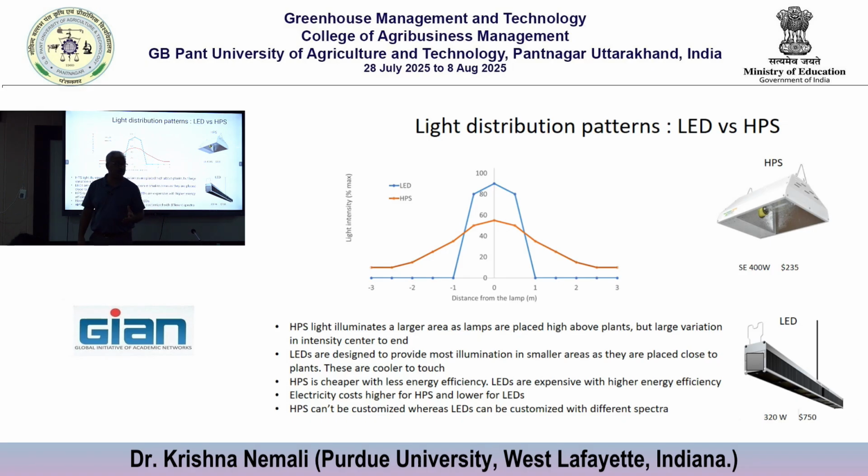With 100 watts, they generate 250 to 300 micromoles, whereas HPS lamps require almost 400 to 1000 watts to generate the same amount of light. Yes, there is a benefit here. They are much wider in distribution, so you will need fewer of those HPS lights. They are also cheaper. But the problem with them is their spectrum is not ideal for plants and they consume a lot of electrical energy.